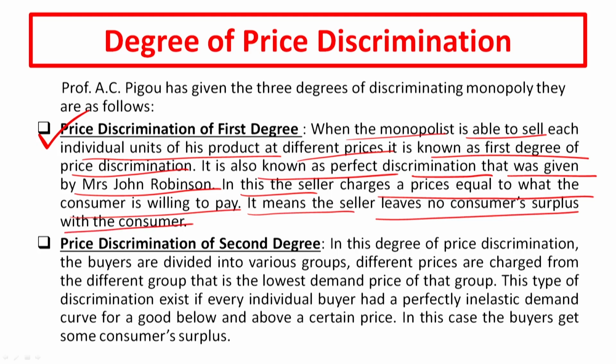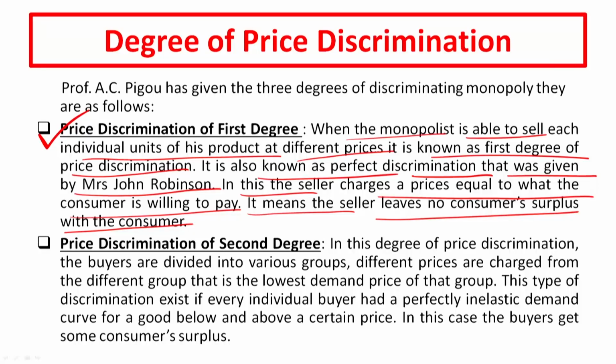Basically, the first degree means the monopolist is discriminating on the basis of the price, that means the paying capacity, or you can say the willingness of the consumer to pay. And it is also known as perfect discrimination.